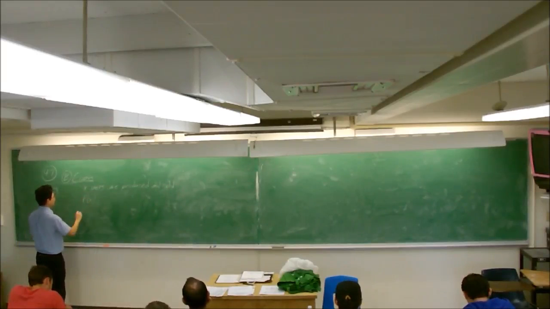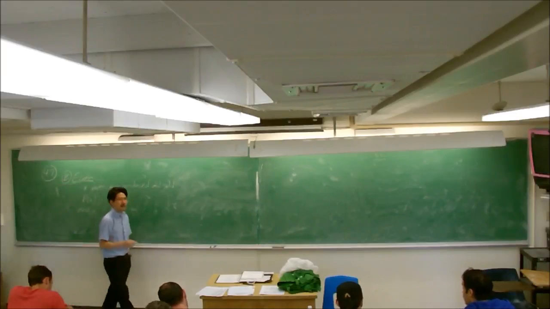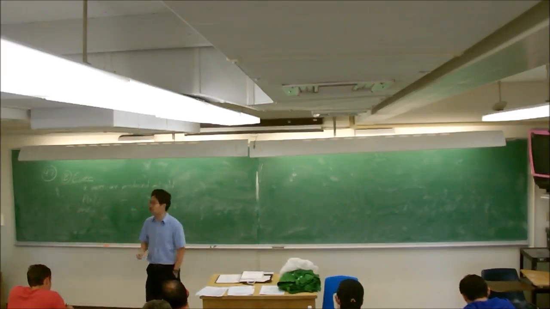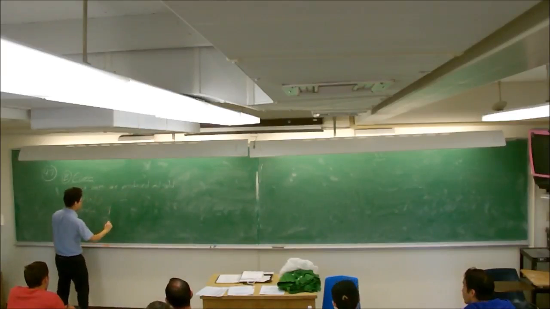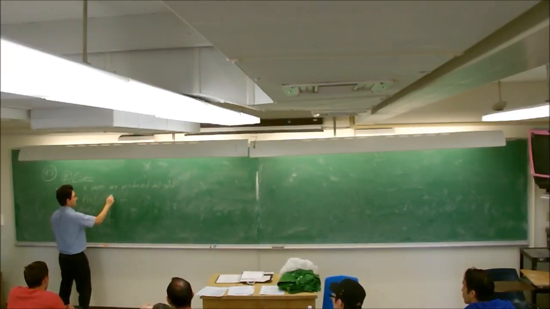What's P of X? Profit, your net profit function. Profit is what minus what? Money in. What's money in? Revenue. Money in is revenue.